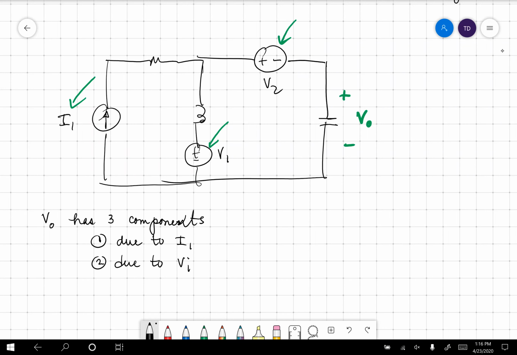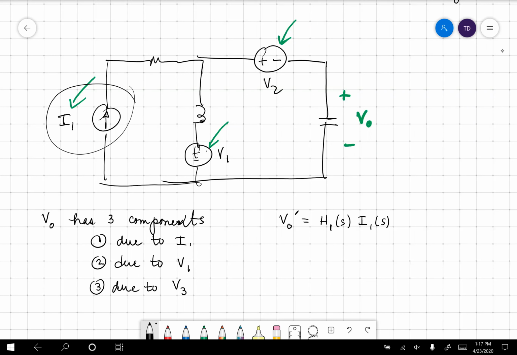And then 3, not V1, due to V2. There are 3 components. So what I can do is I can do the following. I work with this one, kill the other 2, and I can find VO, and I'll call it prime, not a derivative. That would be due to I1 equals H1 of S times I1 of S.